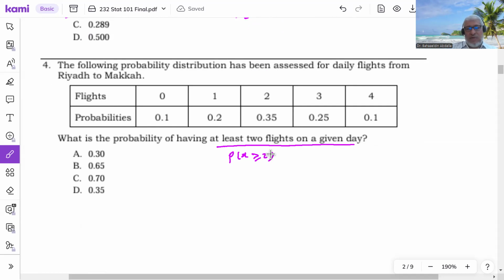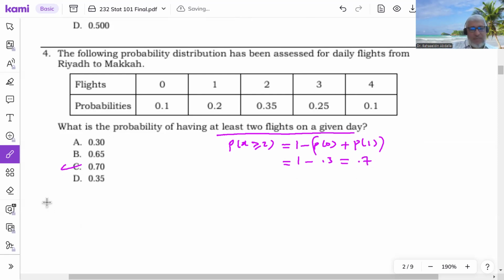So you can find the probability by adding probability of 2 plus probability of 3 plus probability of 4, or you say 1 minus probability of 0 minus probability of 1. So it is in fact 1 minus 0.3, because probability of 0 plus probability of 1 is 0.3. You can say like this if you like, both are similar. So the answer is 0.7, which is part C.